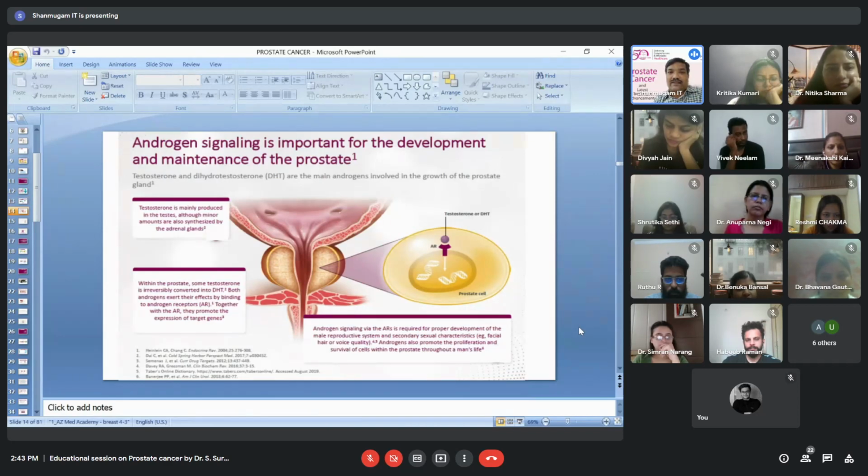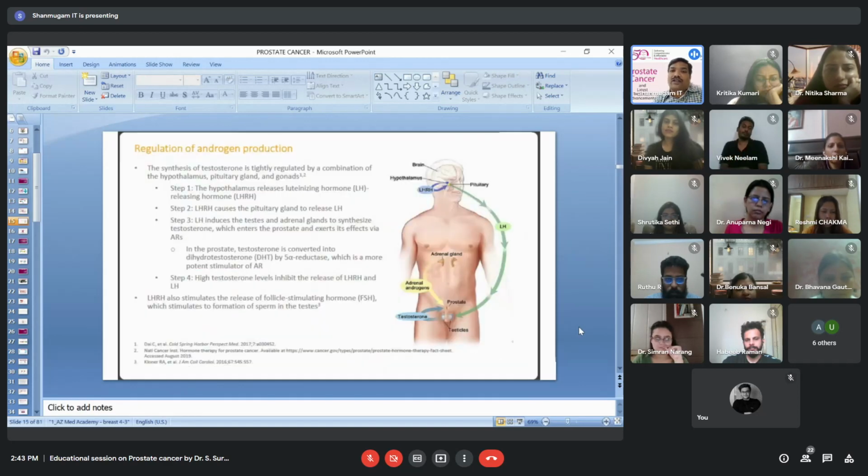As we had discussed, androgen signaling is important in the development and maintenance of prostate cancer, so any removal of androgen production results in control of disease. This is the negative feedback mechanism which we all know from our UG days.